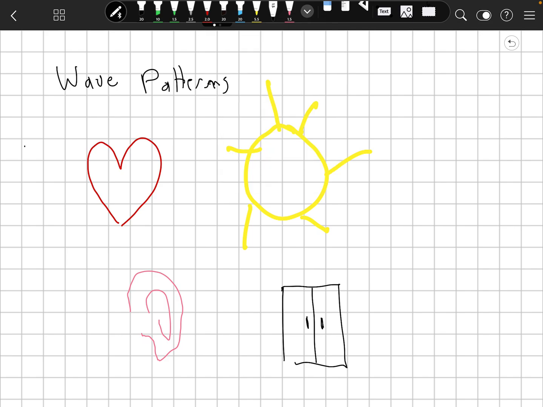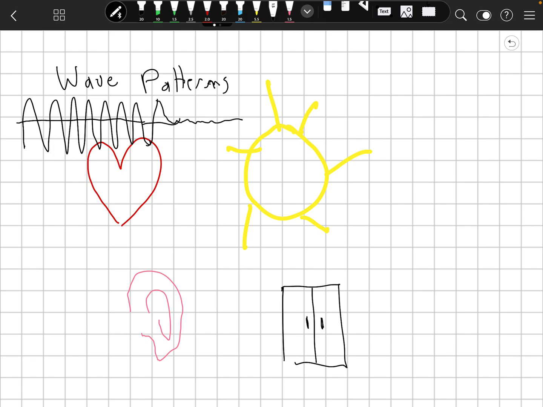Maybe you're thinking about something like this, and hopefully it doesn't go flat, which means the person dies. But when a person pumps blood through their body with their heart, it goes ba-bump, ba-bump, ba-bump. So we've got a wave pattern of the blood going through and then pumping, going through, then pumping, and so on.